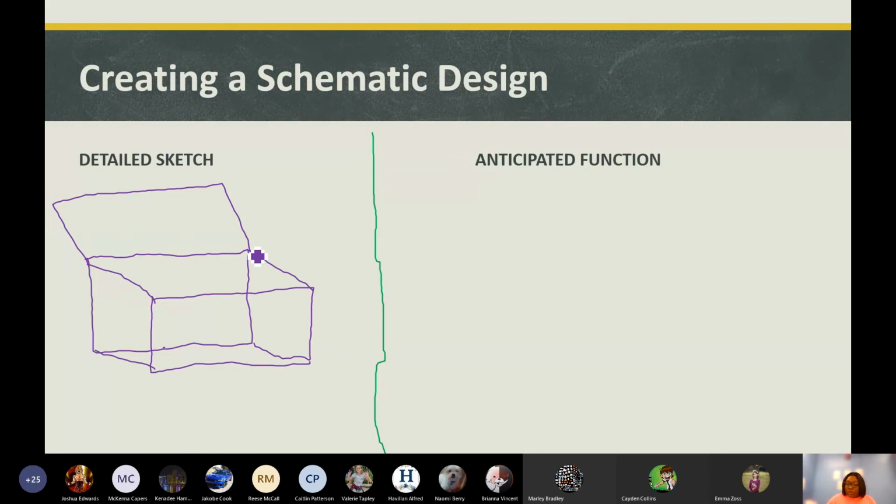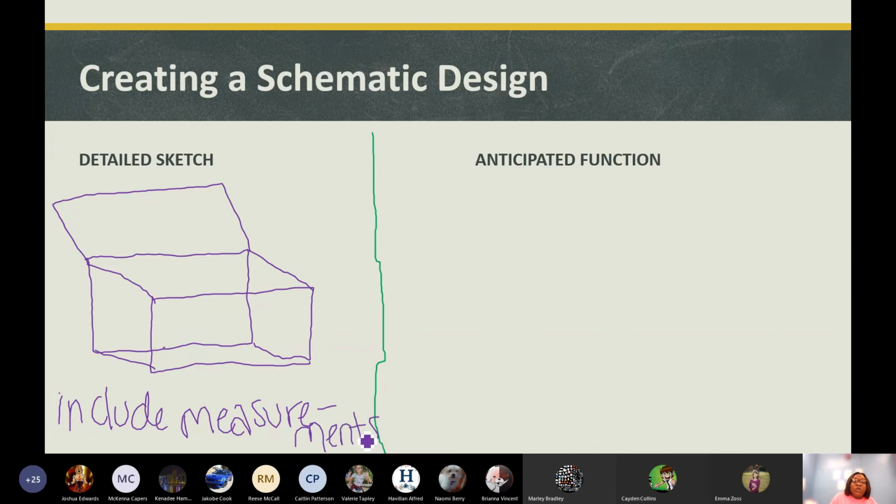And when I'm asking you to do a detailed sketch, I'm asking you to include measurements. So how long, how wide and how high or tall is your solar cooker. So you want to measure the length. This is our length. The height.